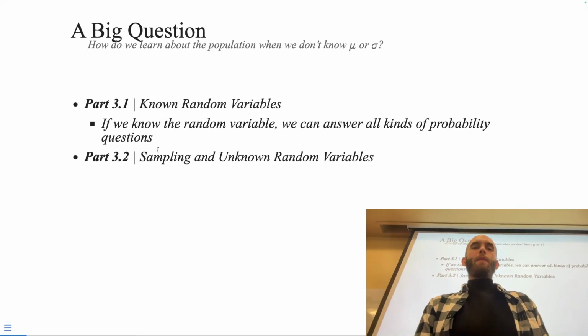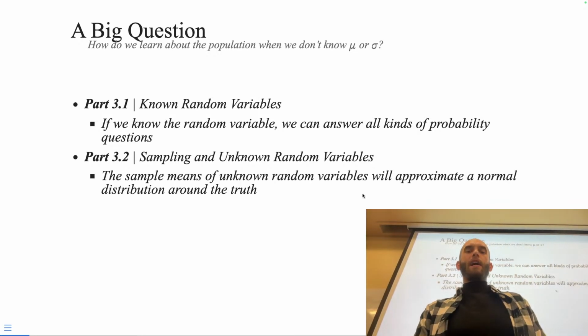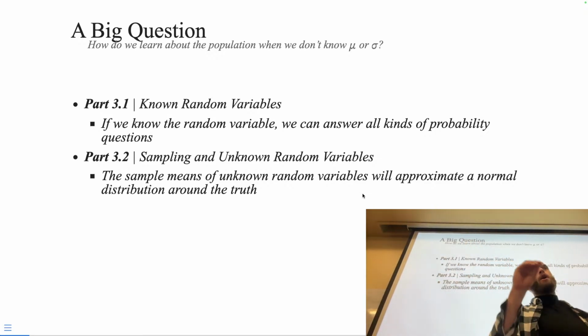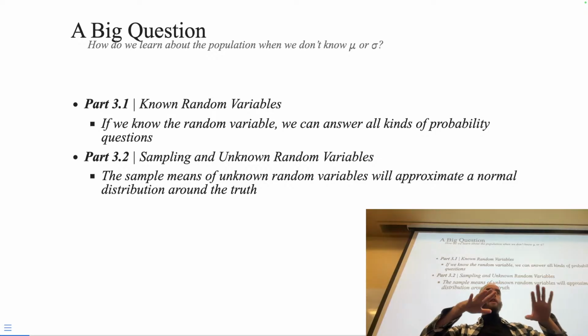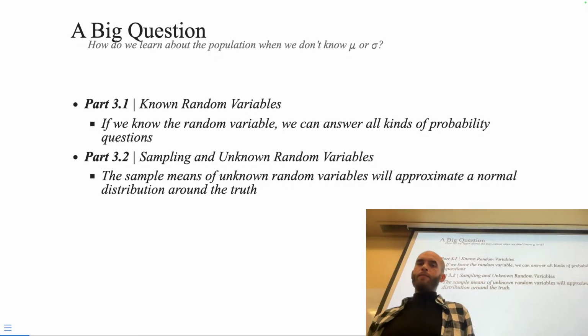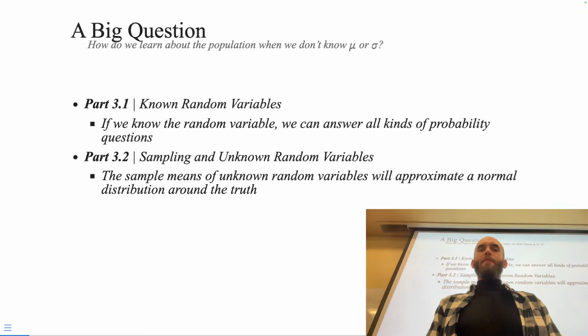So we talked about sampling and unknown random variables. And this is where we started introducing the ideas that the sample mean, according to the central limit theorem, approaches a normal distribution with some shape to it, and it's centered on the truth. These are such important ideas. They really form the building blocks of everything else we do in the class.